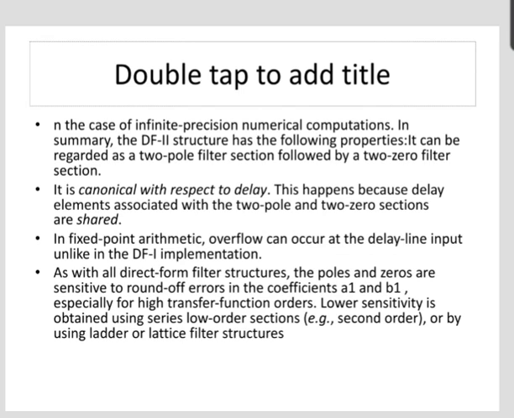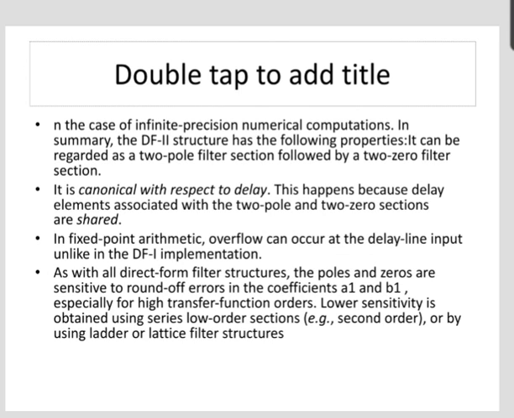In fixed point arithmetic, overflow can occur at the delay line input, unlike in a DF1 implementation. As with all direct form filter structures, the poles and zeros are sensitive to round off error in the coefficients a1 and b1, especially for high transfer function order.